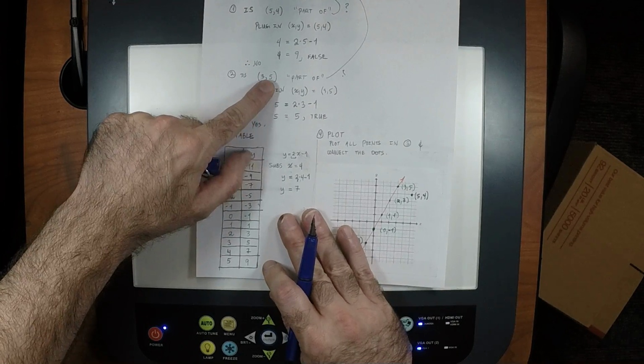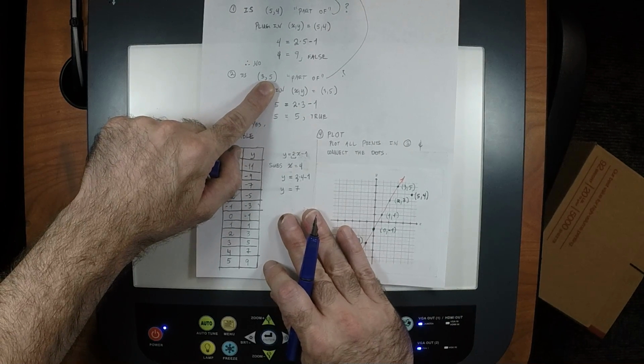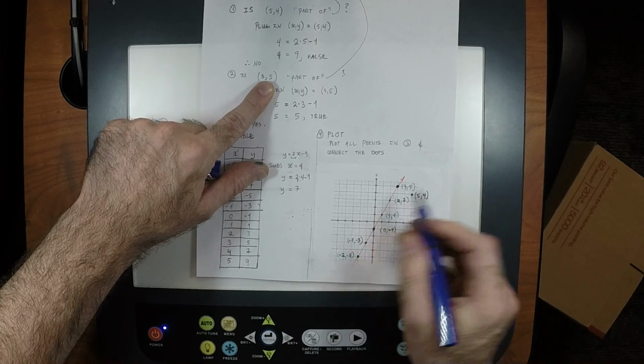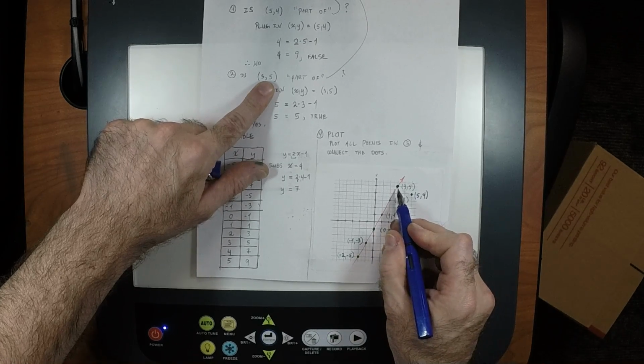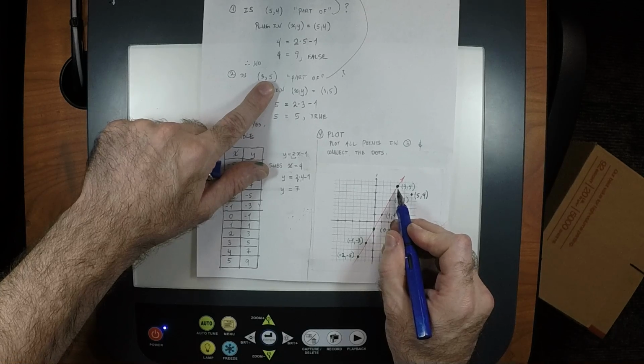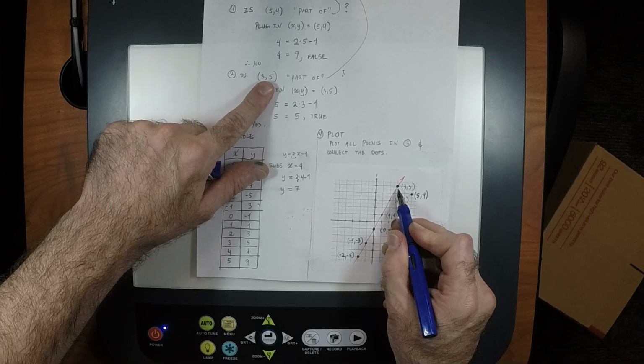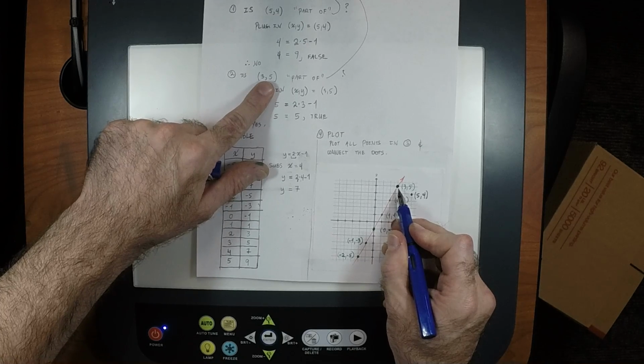How about the point 3, 5? Here's 3, 5 right there. It was just green, but now it's blue and green, and I colored it again. Is this point part of the red and green points? It is.